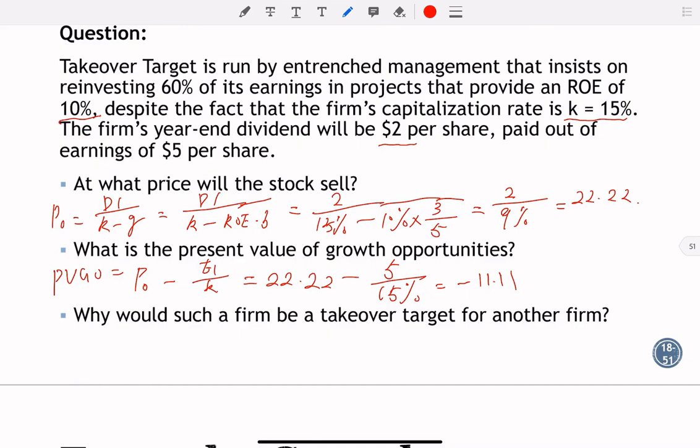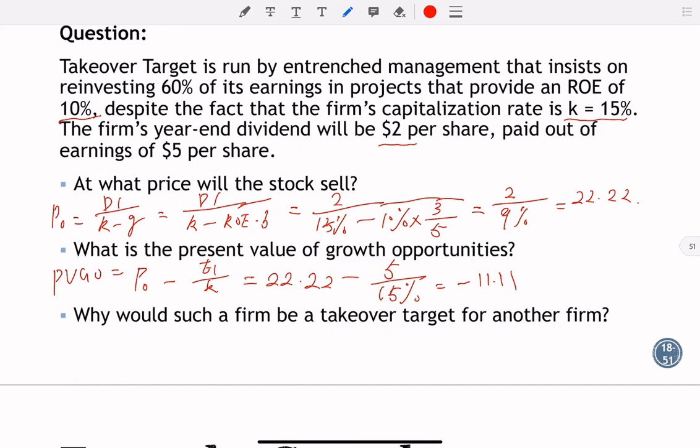And at the same time, these negative NPV projects can just be stopped. A very simple way to increase the takeover target firm's stock price is to stop investing in these projects. That is, this takeover target just pays out all its earnings as dividends.